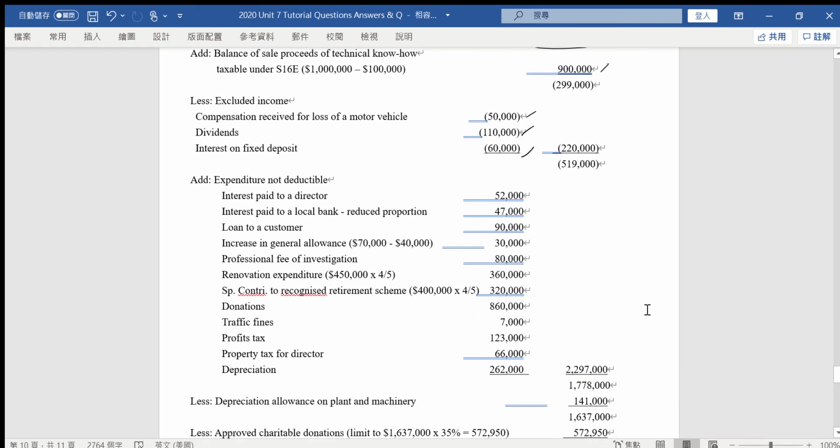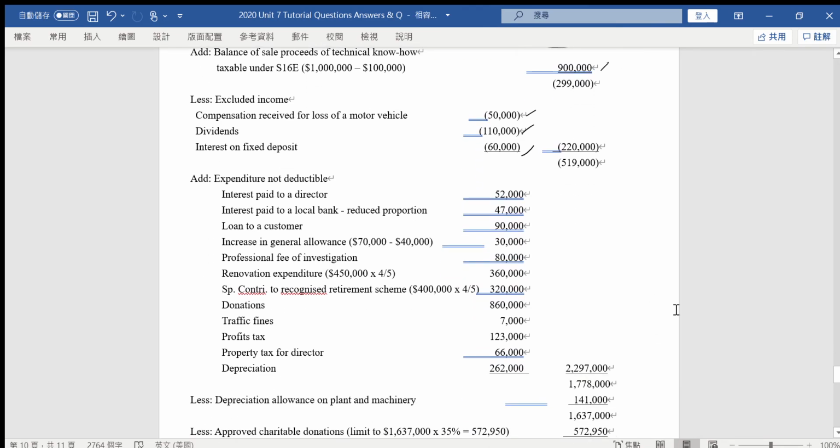And then the other non-deductible expenses I already mentioned: interest paid to director, interest paid to the local bank, loan to the customer, increase in the provision of the doubtful debt, professional fee of the investigations, renovation, you add back this portion. Also special contribution to the MPF or recognized retirement fund scheme, you also need to add back these portions. Donation, you add back the pure donation amount first.